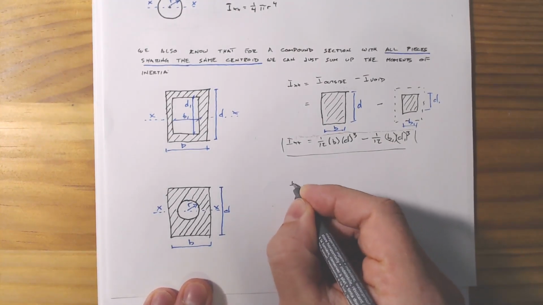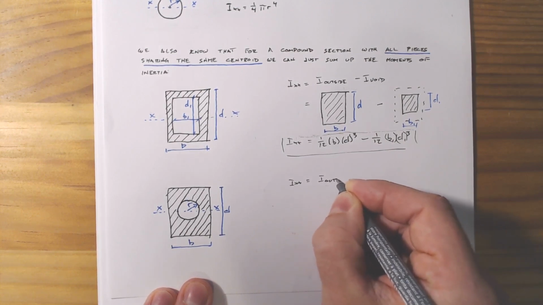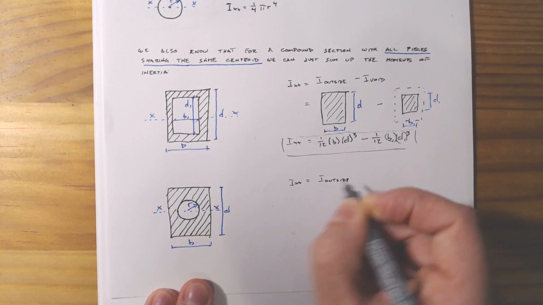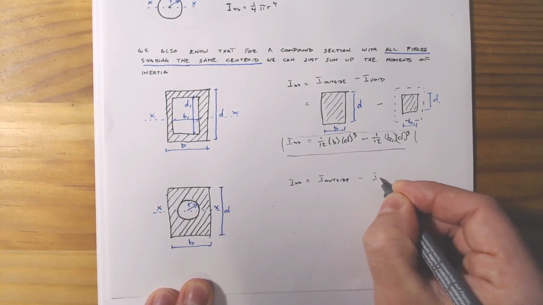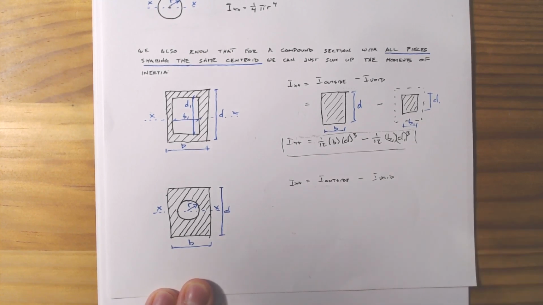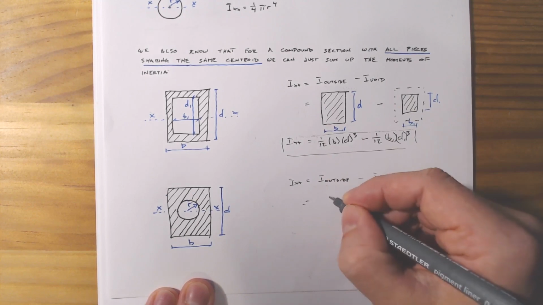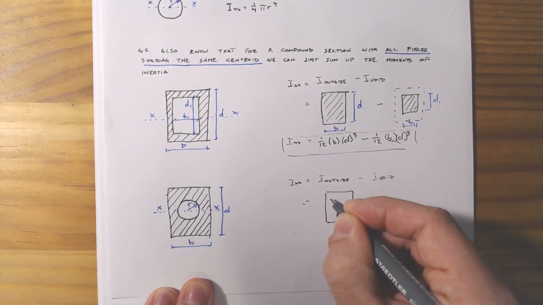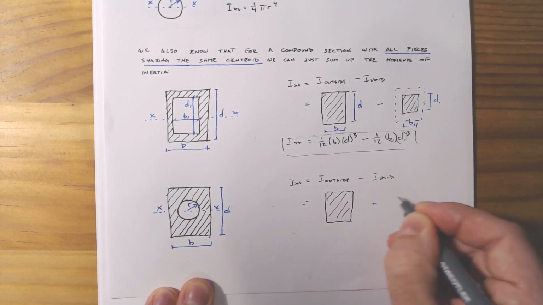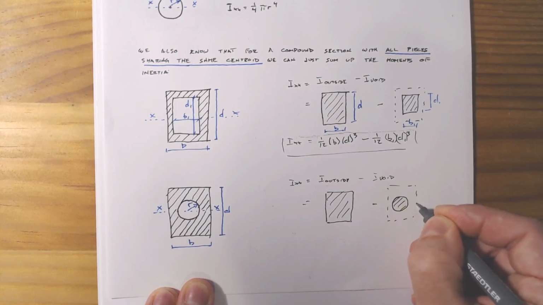It's going to be Ix equals the moment of inertia of the outside, so this whole rectangle here, minus the moment of inertia of the void. If we draw this pictorially, we would have some rectangle minus some circle.